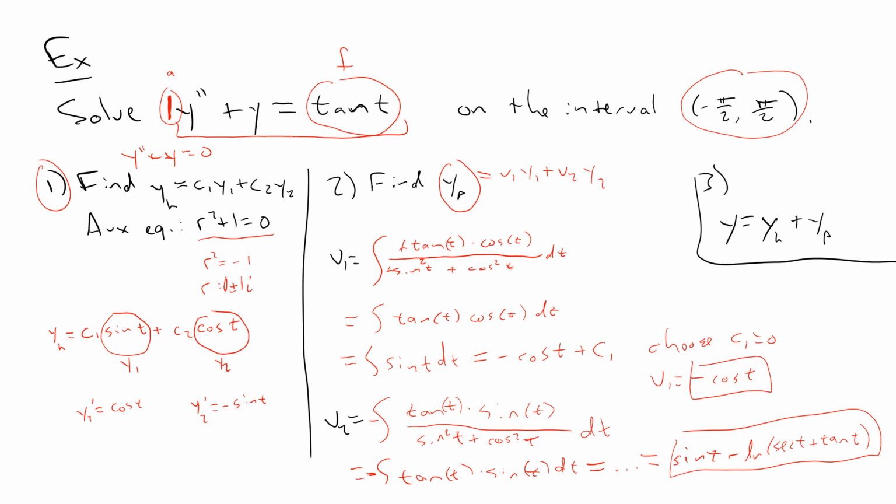And then finally, you just put everything together to write down your final solution. The function we had here for yh on the left goes in place of yh for our final solution, and then all this big mess that we got for our particular solution goes in place of yp. Once we fill those in where they belong, we have our final answer.